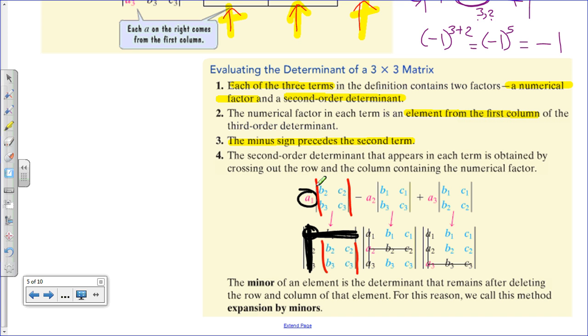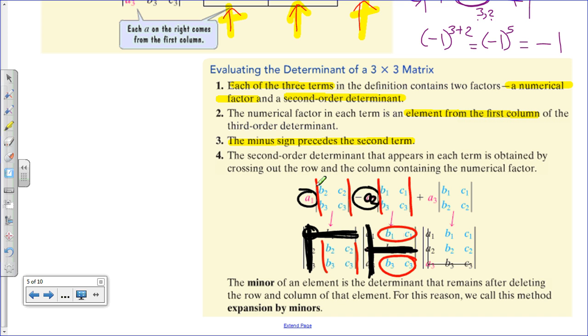Now, if you decide to use as your numerical factor a sub 2, what we have here, then you will cross out the column where a sub 2 is located and the row where a sub 2 is located. And so your elements for your 2 by 2 matrix will come from here and here, and that's what you see here.